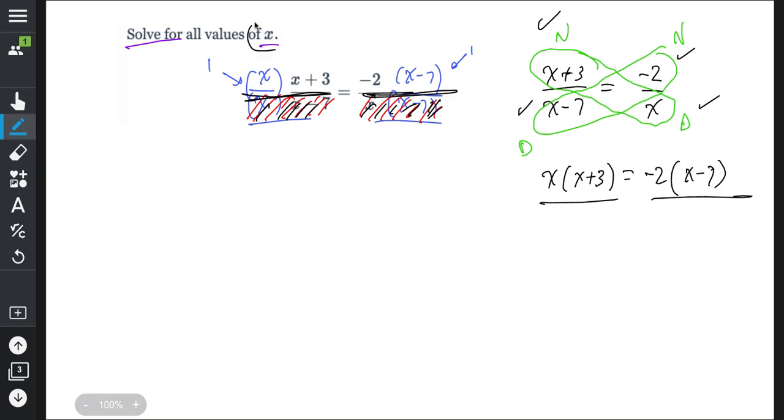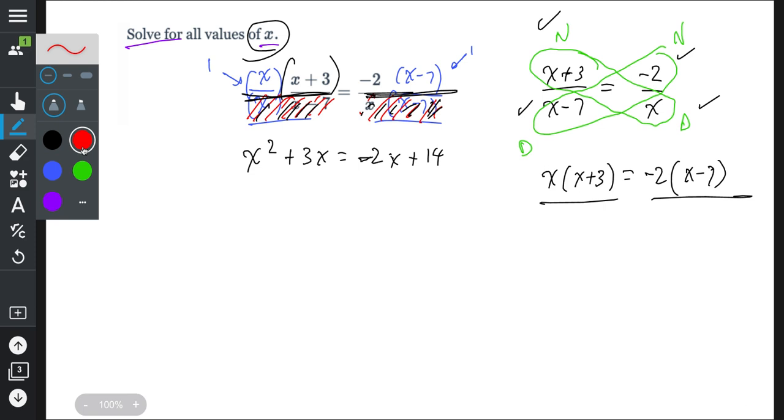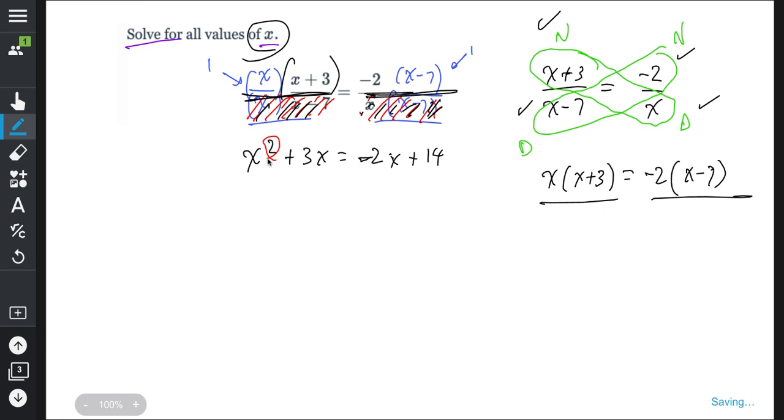We got to solve for all values of x. So what we're going to do is, we're going to distribute the x here, and then we're going to distribute that negative 2. But as soon as we multiply everything out and take a look at it, we need to notice, look at that power.